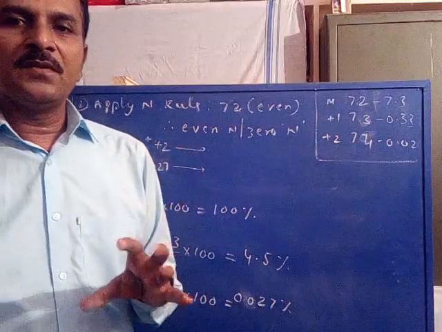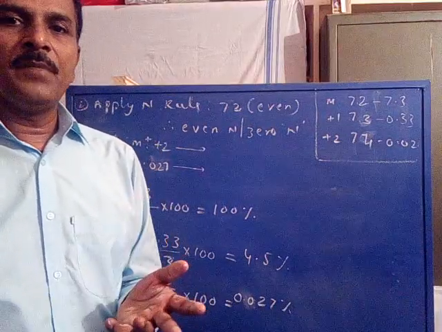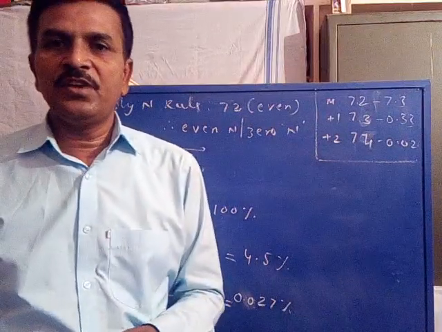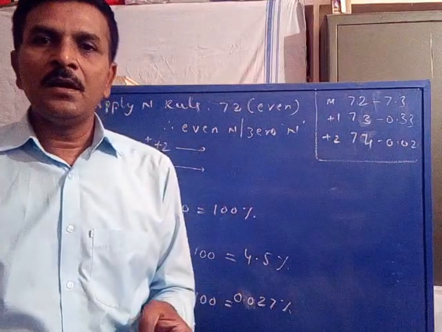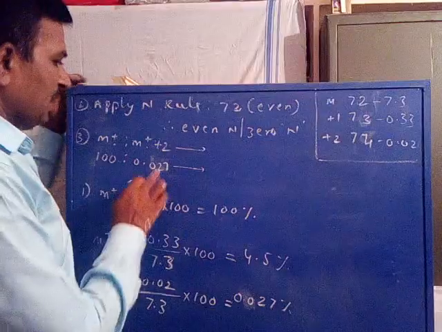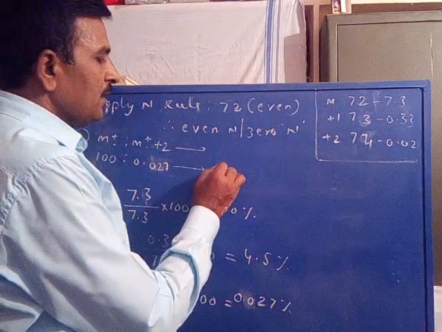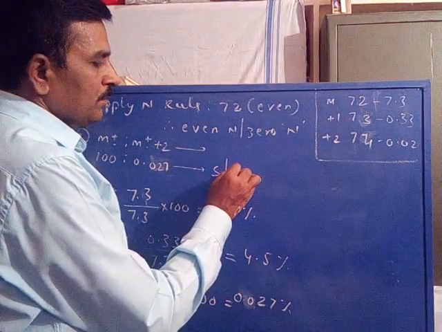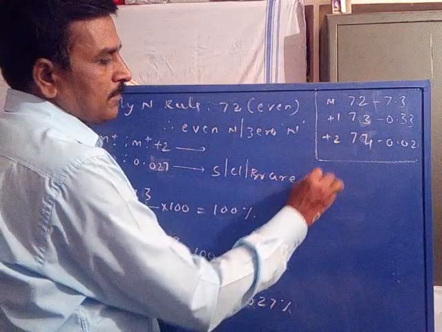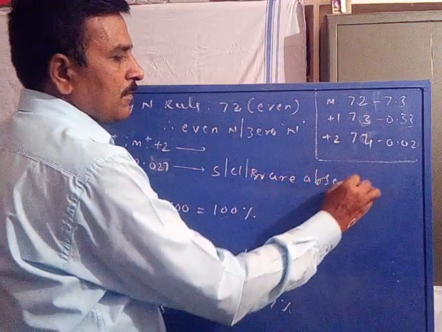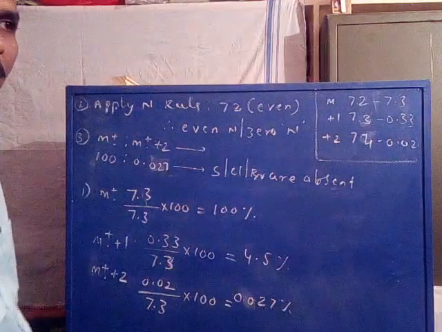The molecular ion signal intensity is not comparable with the molecular ion +2 signal intensity in relation with the presence of sulfur, bromine or chlorine. That is, this relation indicates sulfur, chlorine, bromine are absent.